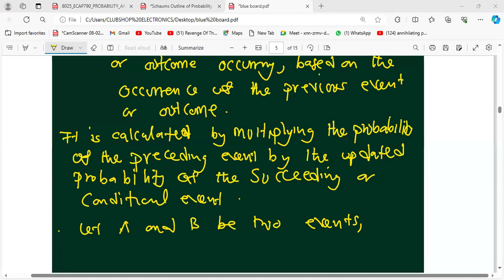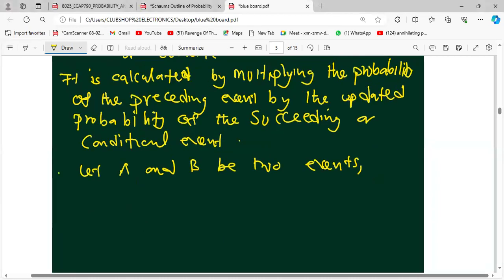All right, so I'm saying let A and B be two events such that probability of A is greater than or equal to 0. Okay.